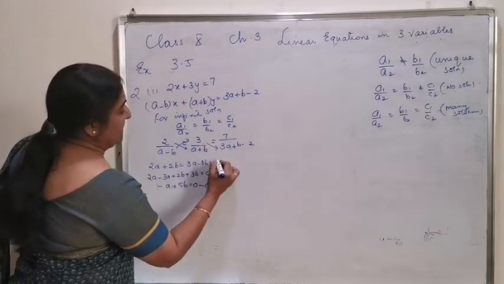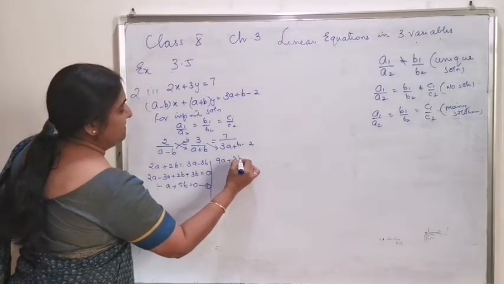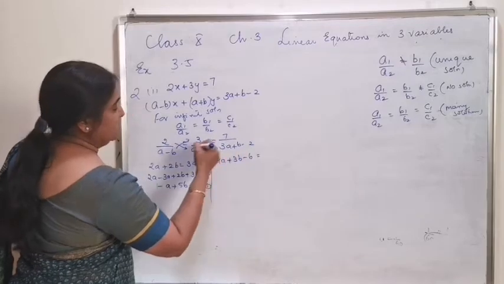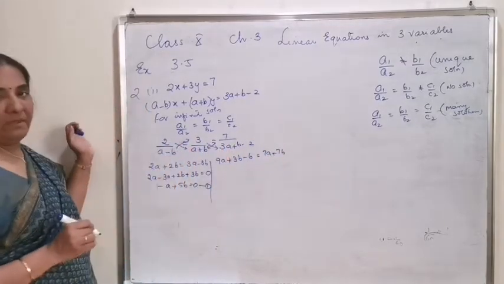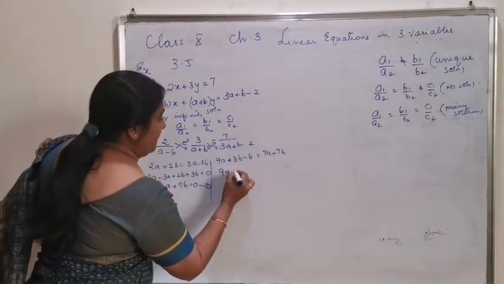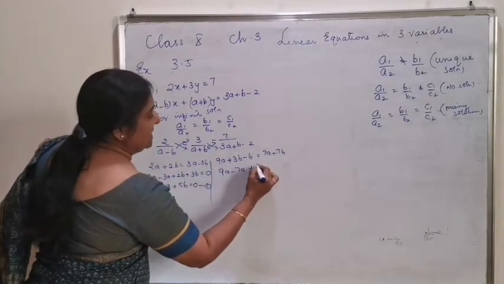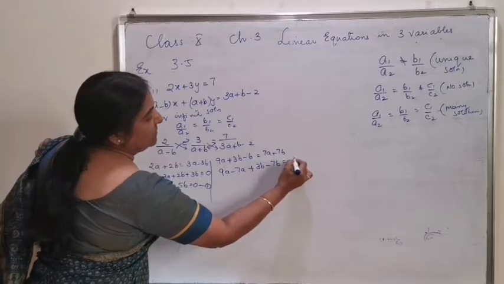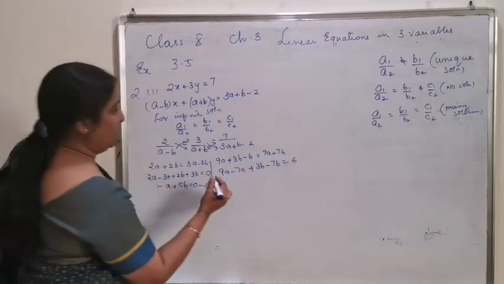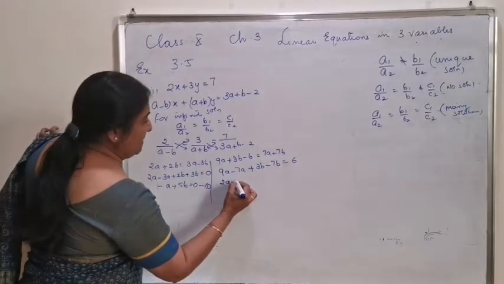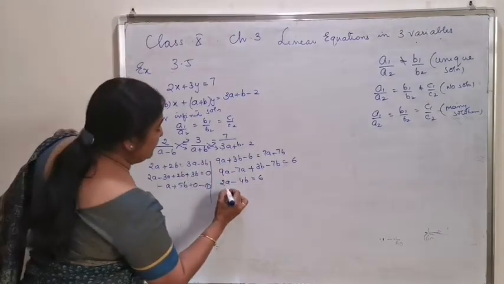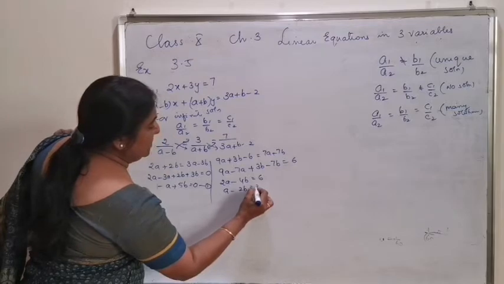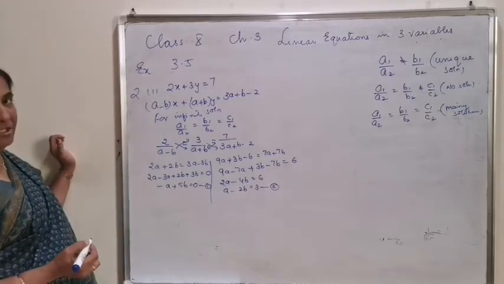By this cross multiplication, 9a plus 3b minus 6 is equal to 7a plus 7b. 9a minus 7a plus 3b minus 7b is equal to positive 6, or 2a minus 4b is equal to 6, which can be reduced as a minus 2b is equal to 3, equation number 2.